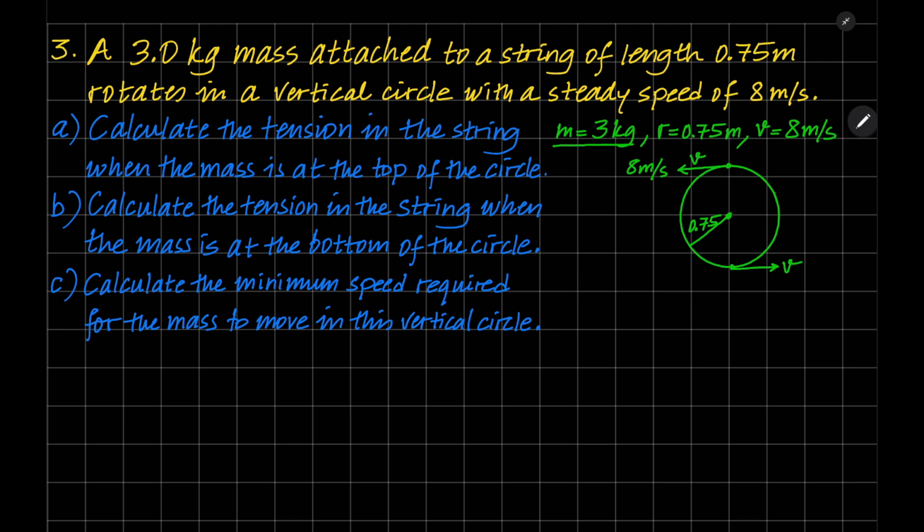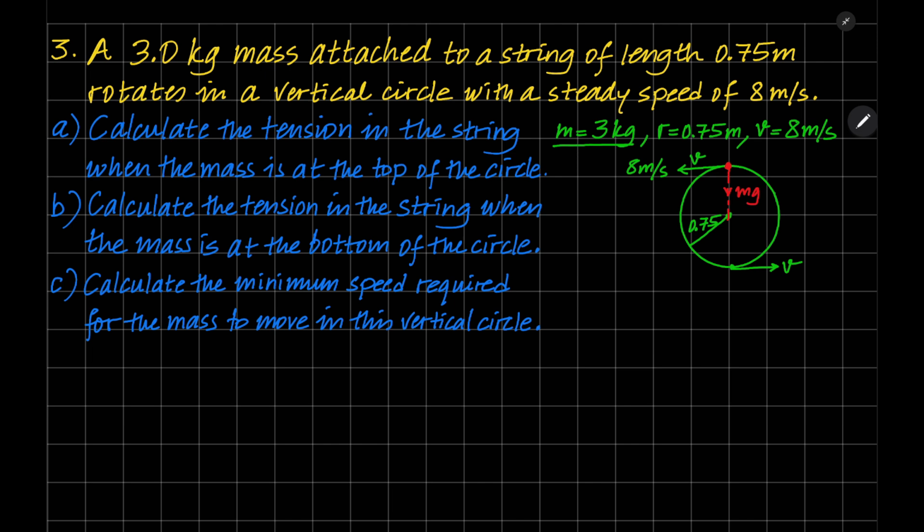It says calculate the tension in the string when the mass is at the top of the circle. Let me change the color. At the top, and this is mg.